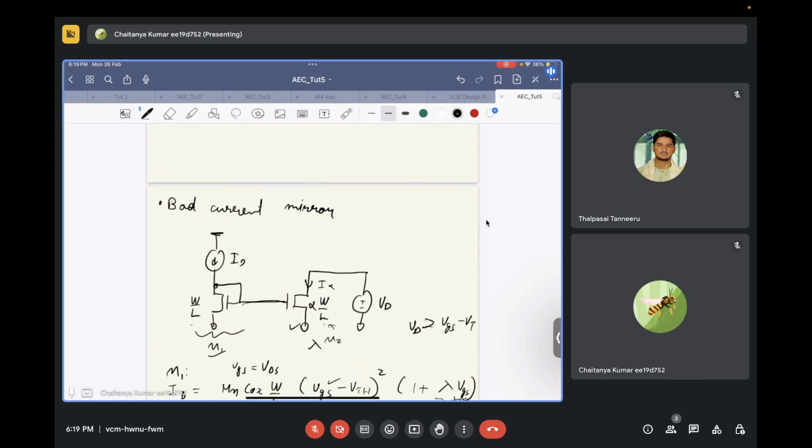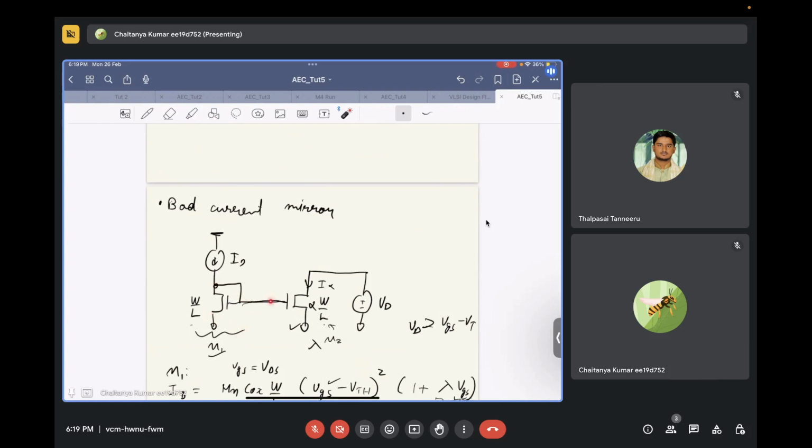Let's say there is no channel length modulation. Then your current in saturation won't depend on VDS, right? But if there is channel length modulation, your current will depend on what VGS you have, that is the gate source voltage, as well as what VDS you have.